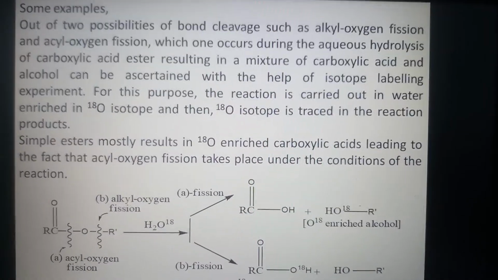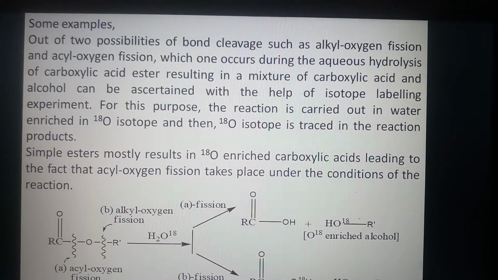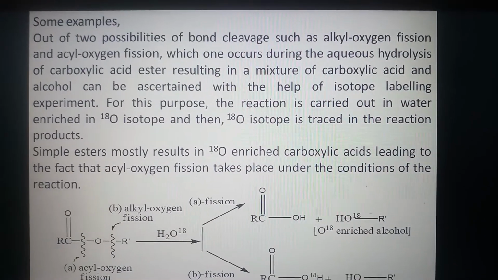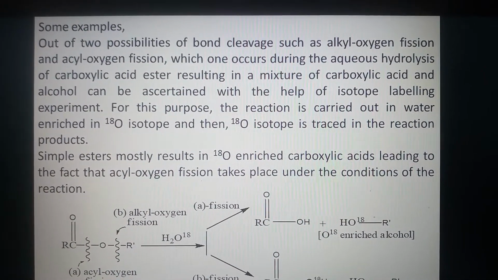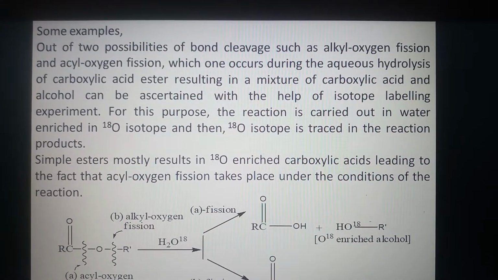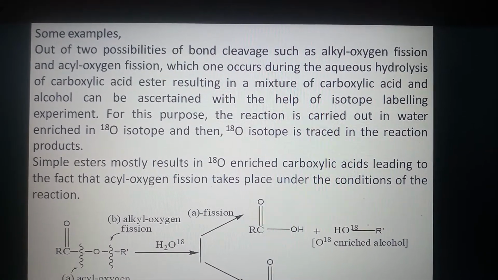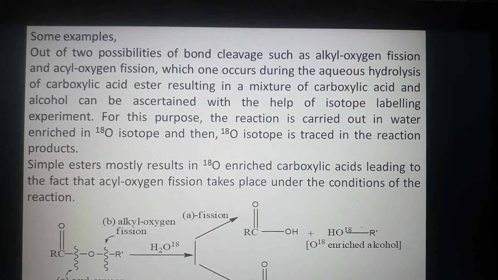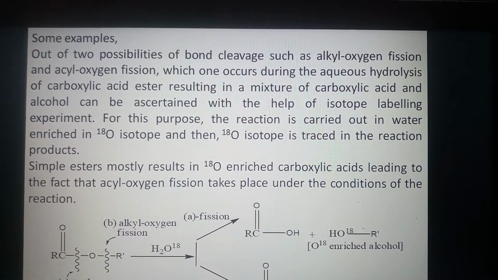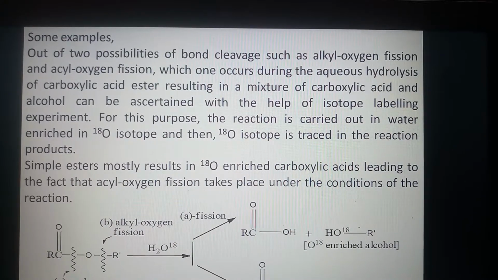Out of the two possibilities of bond cleavage, which one occurs during the aqueous hydrolysis of a carboxylic acid ester, resulting in a mixture of carboxylic acid and alcohol, can be ascertained with the help of an isotope labeling experiment.